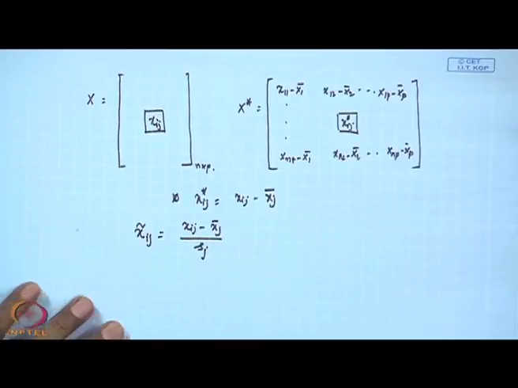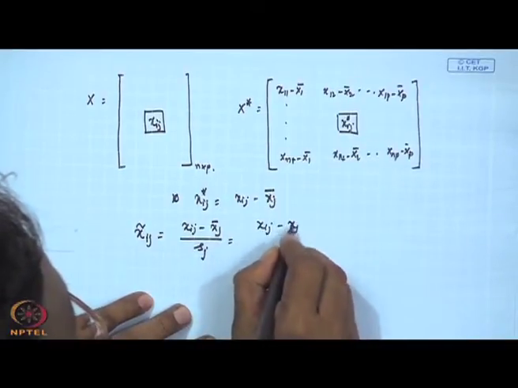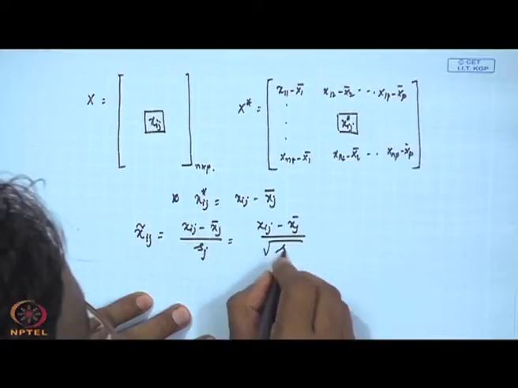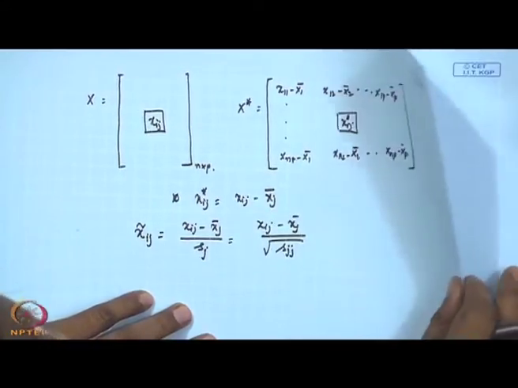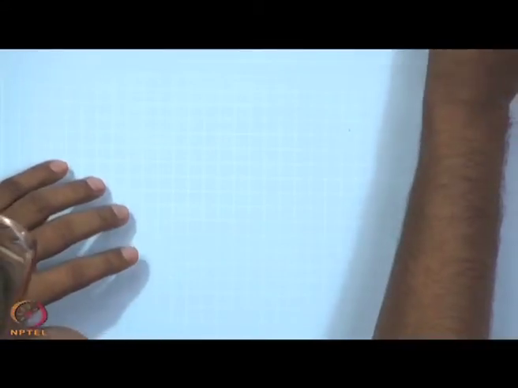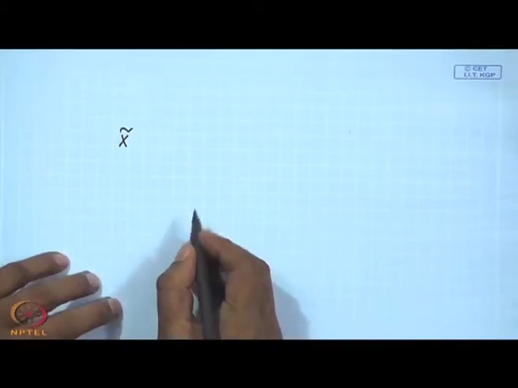What are you doing? You are first finding the mean subtracted values, then dividing by the corresponding standard deviation. I can write it like this: x ij minus x j bar over square root of s jj. If you follow this, you will create a matrix which is x tilde.